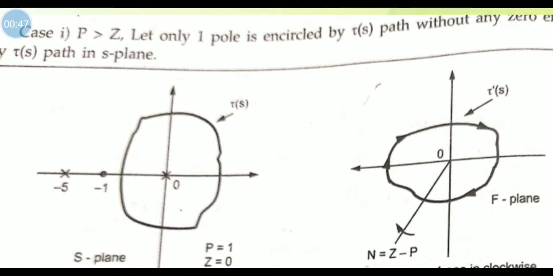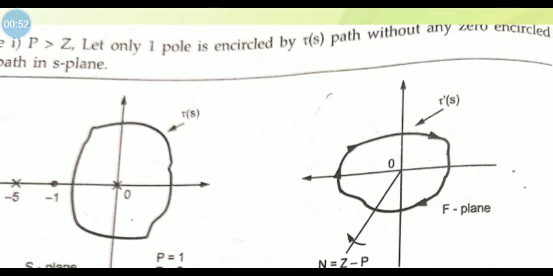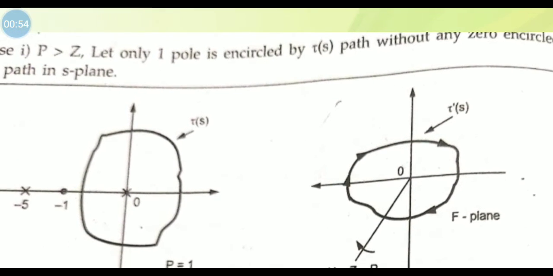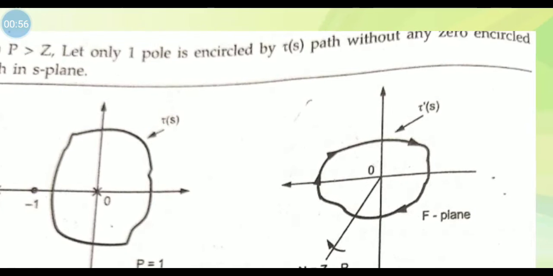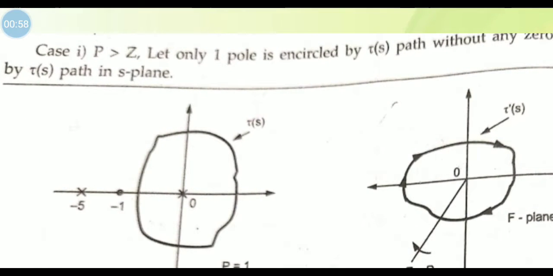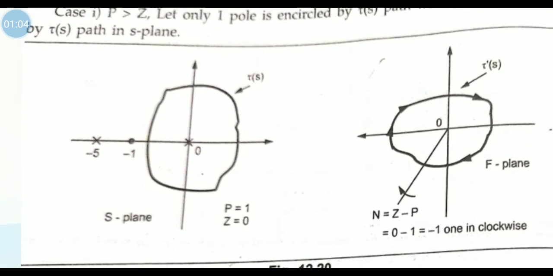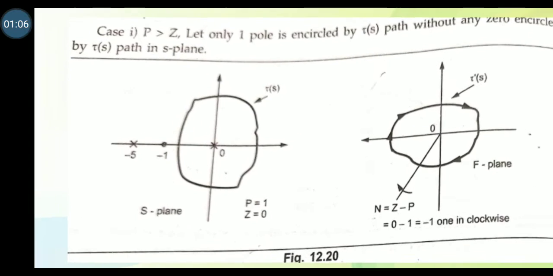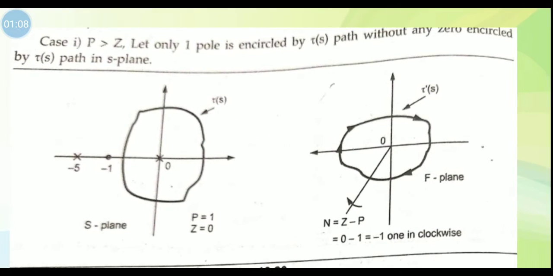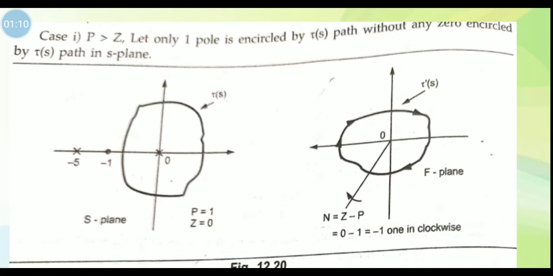Let only one pole be encircled by Γ'(s) path without any zero encircled by Γ'(s) path in S plane. So is it clear? P is greater than Z. So that has been shown here.